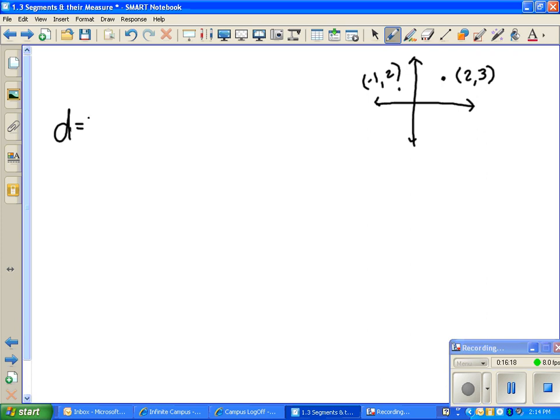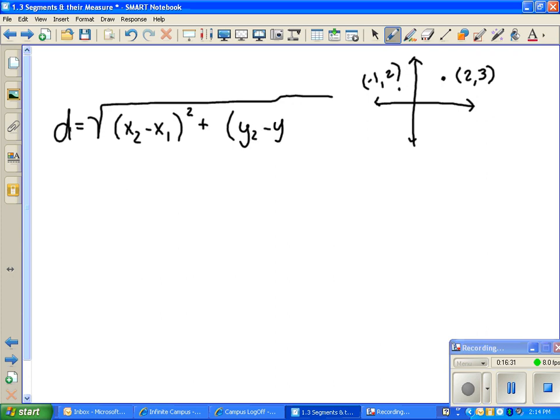I'm going to use the distance formula: the square root of (x2 minus x1) squared plus (y2 minus y1) squared. Does it matter which one I call the x1 or y1? No. I just call the first ones I come to the 1s, and the second ones I come to the 2s. And then I just substitute it into the equation.